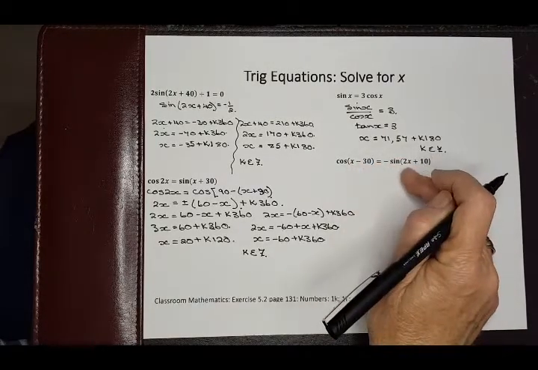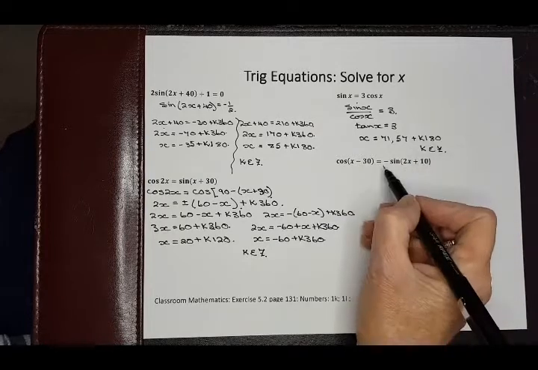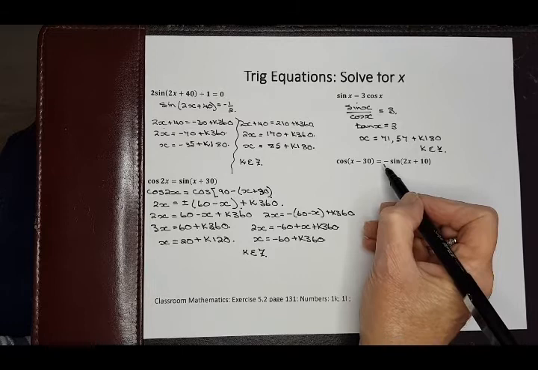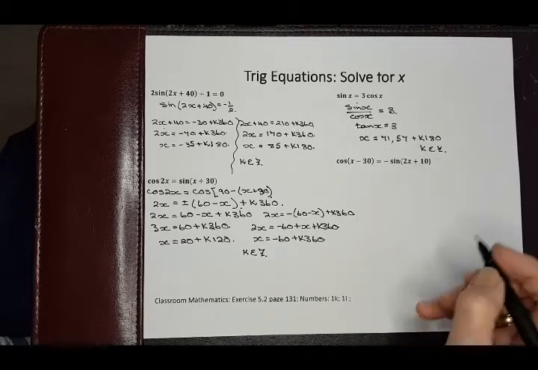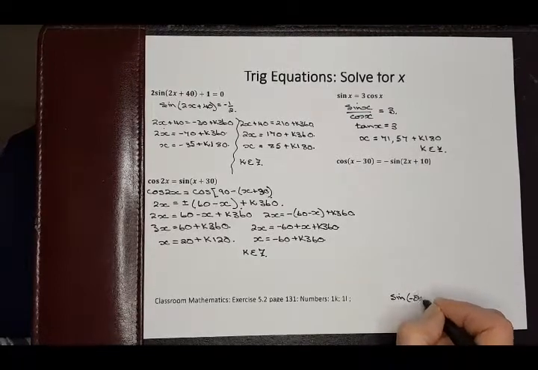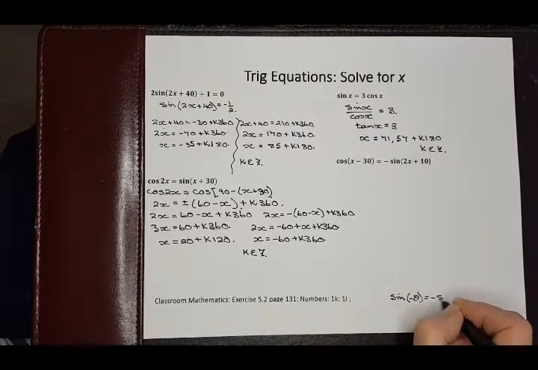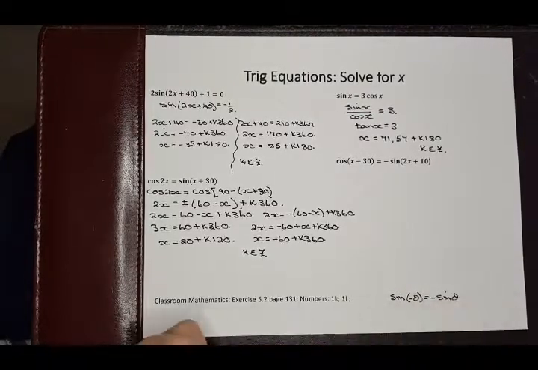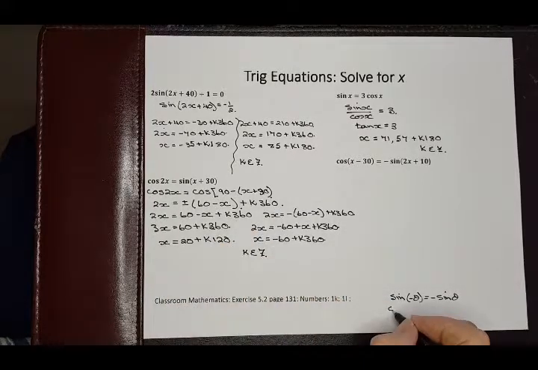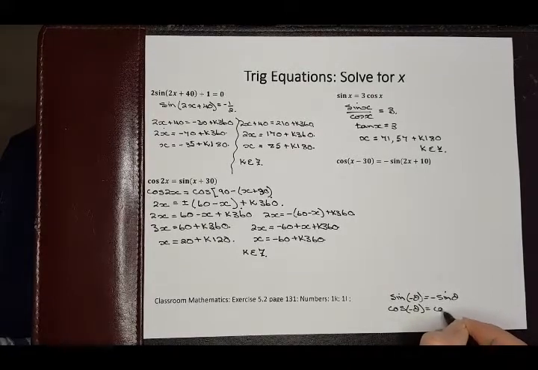This last example is different to the previous one because there's a minus in front of the sine. We are going to use the trig identity that says sine of minus theta is equal to minus sine theta. Please remember that cos of minus theta is equal to cos theta.